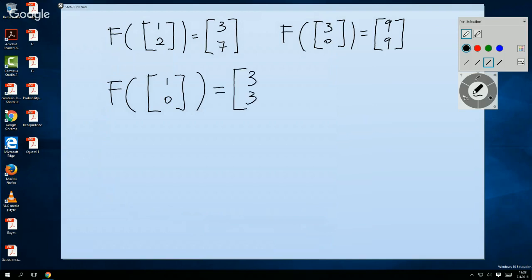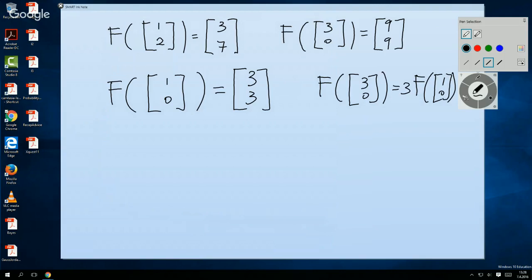Why? Because f of (3, 0) is (9, 9). (3, 0) is 3 times (1, 0). That's because f of (3, 0) is actually 3 times f of (1, 0), because f is linear.